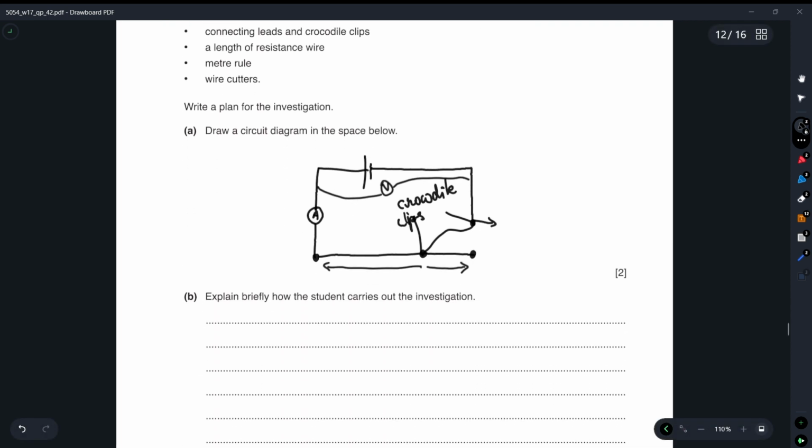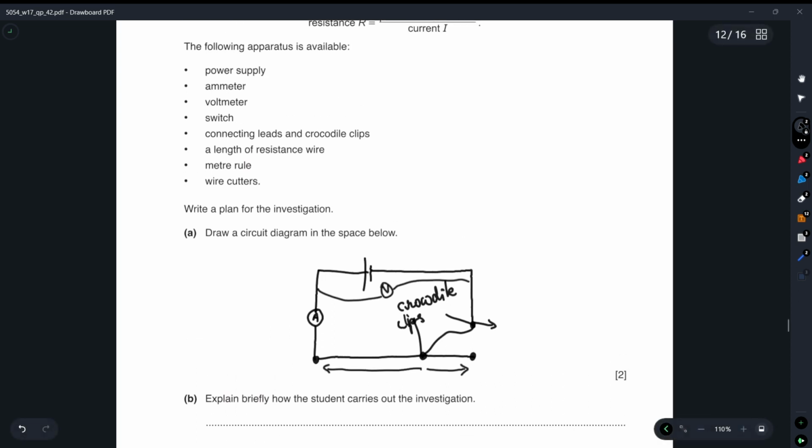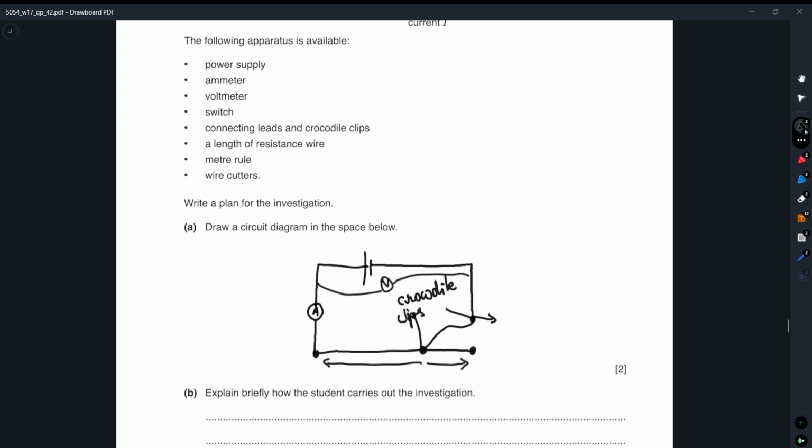Wire cutters are not that important. But what you can actually do is use the wire cutter to cut different lengths of the wire and then work it out. So yeah, I think I'm good with this.